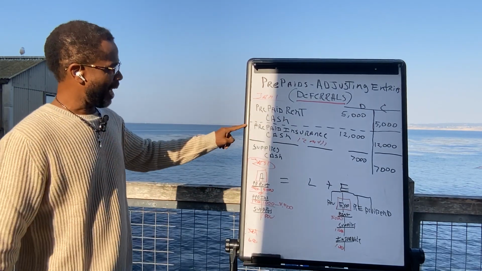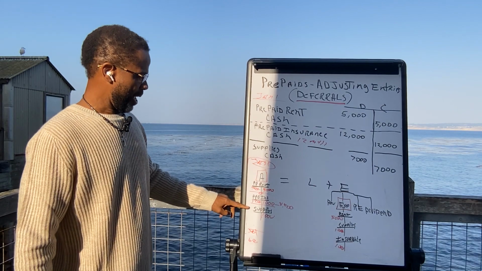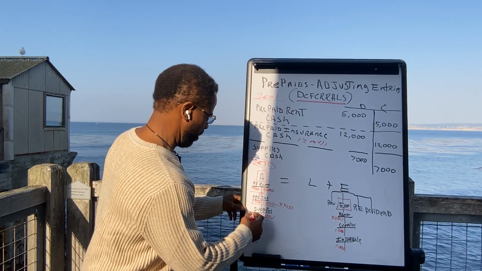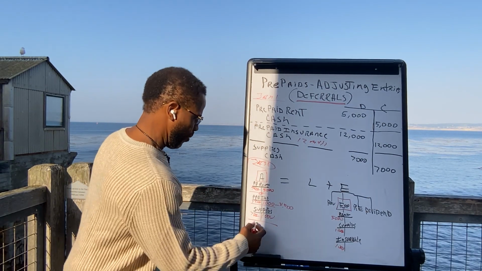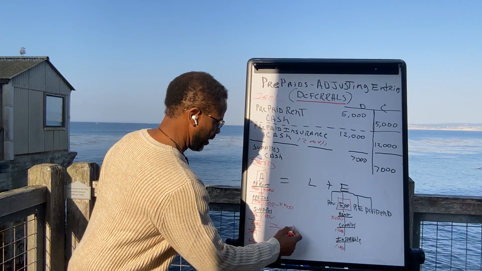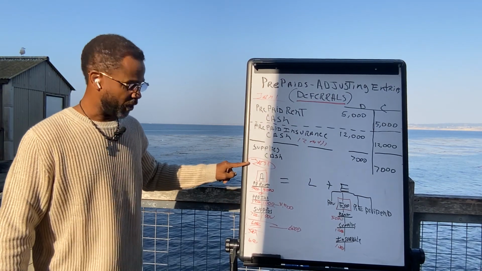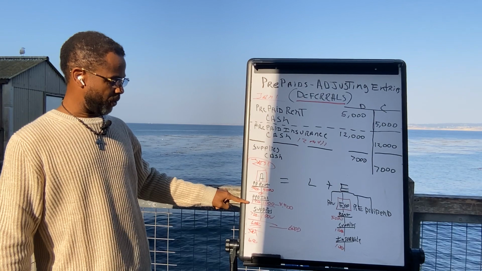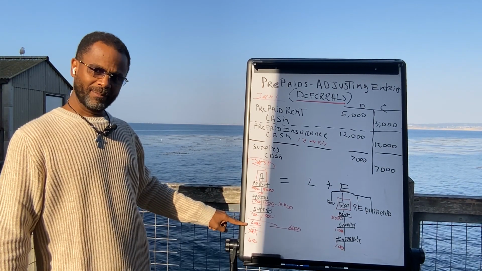We know our supplies account, when we supplied our office with supplies, had a balance of $7,000 in January. Now, with debits and credits, we have a balance of $6,000. So your balance at January 31st is 0 for prepaid rent, 11,000 for prepaid insurance, and 6,000 for supplies.